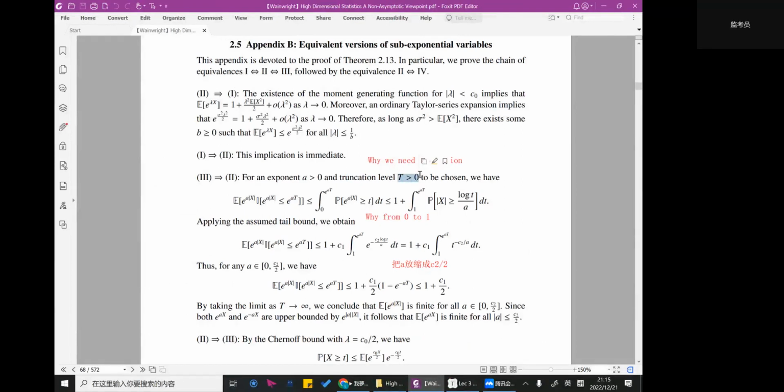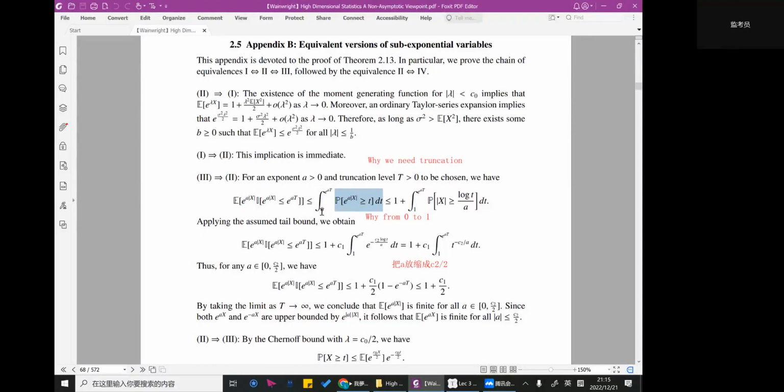The author sets t larger than 0, and I don't know why he used this inequality. I guess this is equal. So this equals to this by regarding this term, the exponential with the power a times absolute value of x, as a whole, then this is non-negative, so we get this calculation.